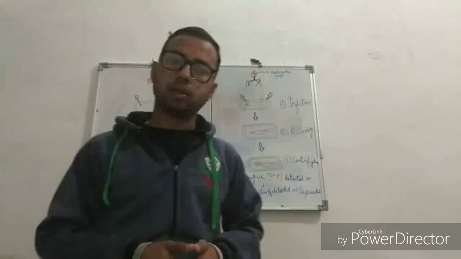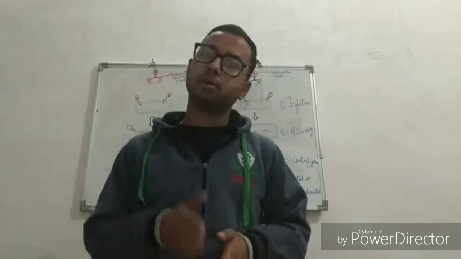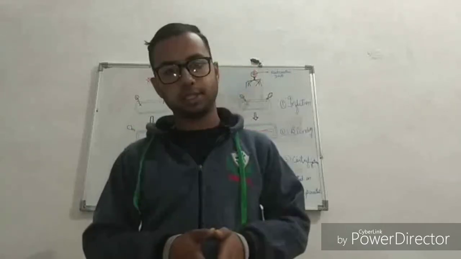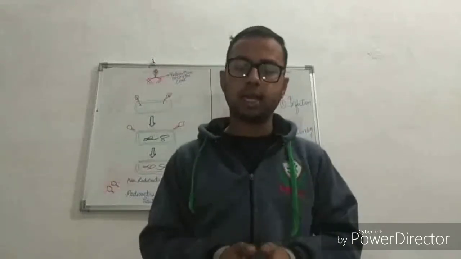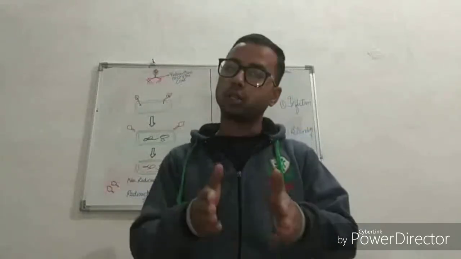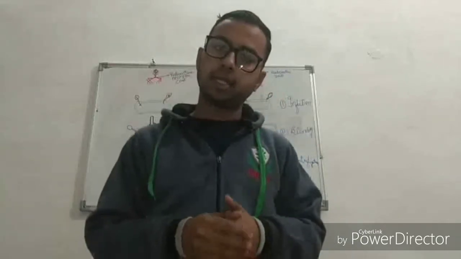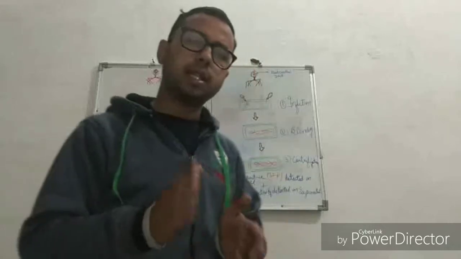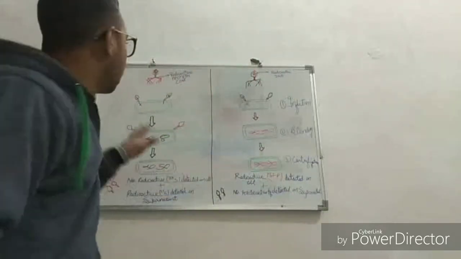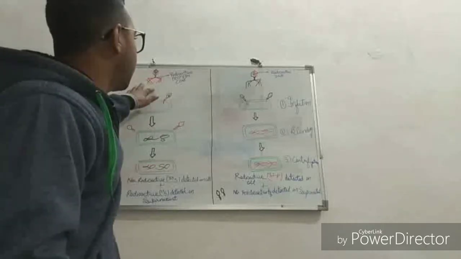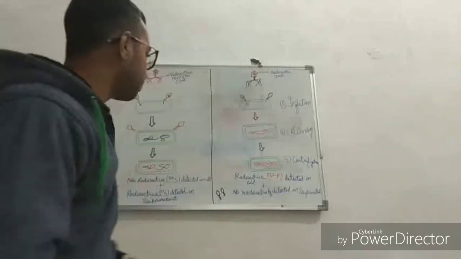Now come to the second one, that is the evidence from the experiment on the bacteriophage by Hershey and Chase. The important principle of this experiment is that DNA enters the cell, not the protein coat. They had taken two cases: in the first case the radioactive protein coat and in the second case the radioactive DNA.